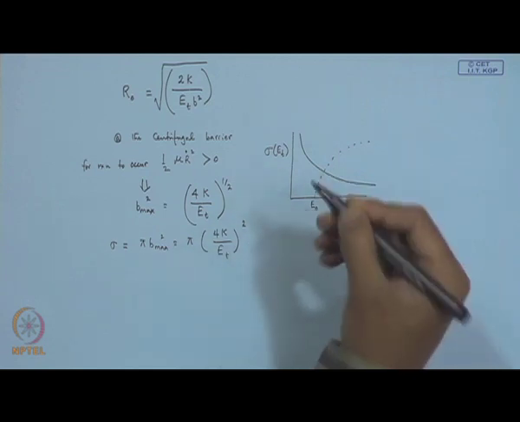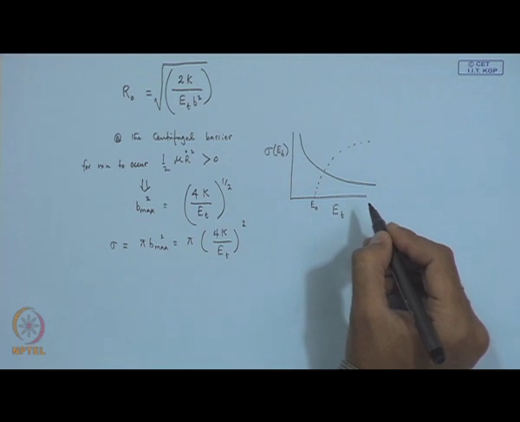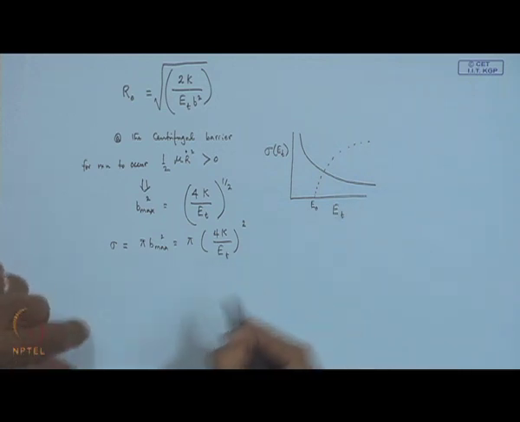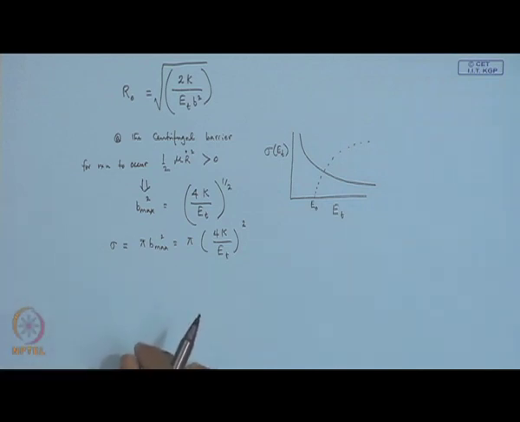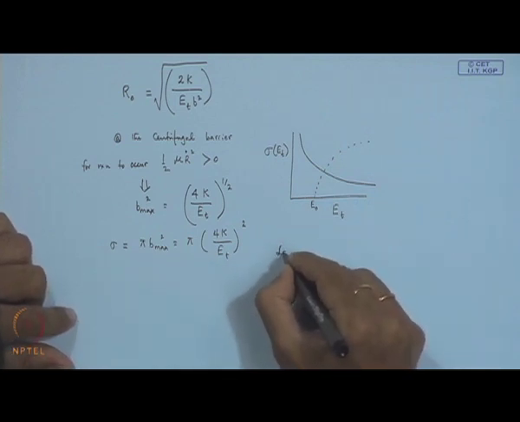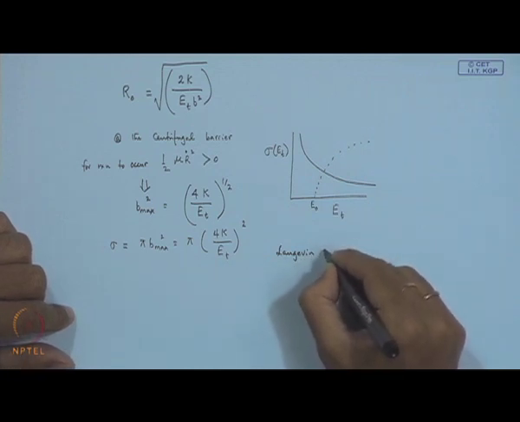For the earlier case, reaction will take place only at low B. The last one, which is reaction without a barrier, is termed as the Langevin model. The earlier one was the LOC model, and this is the Langevin model.